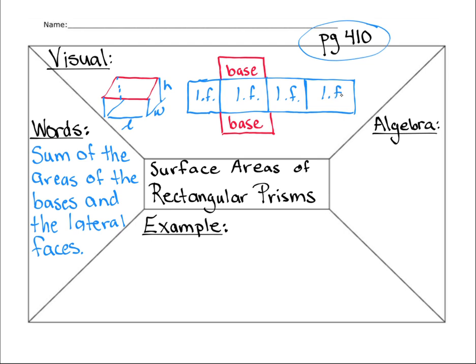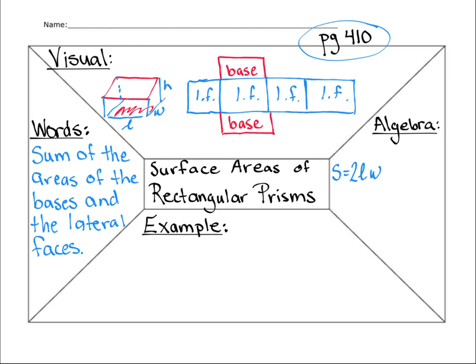Just abbreviate them LF faces. And you know, surface area of this rectangular prism, you're going to find the area, like it said in words, the area of the bases and the area of the lateral faces. Then on page 410, it also tells you the algebra. So the algebra means, what is this formula? So the surface area, in this case, is 2 length times width, because we have, that would be the bottom of this shape and the top of this shape.